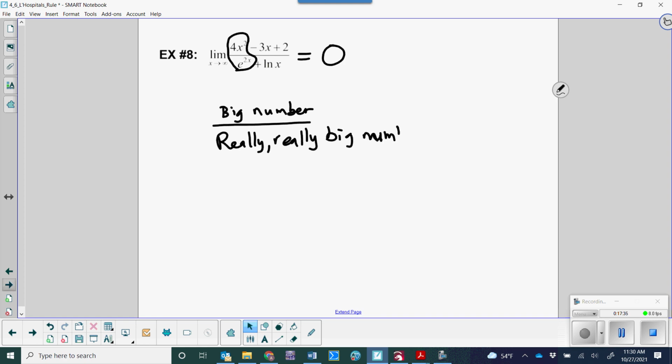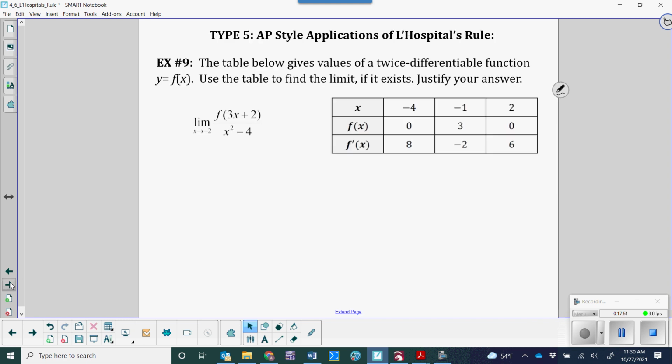Okay, so the bottom is just growing so much faster than the top that the limit is going to end up being 0. Okay, so whenever possible, we definitely want to just answer the question. Okay, so we want to do that for that situation.